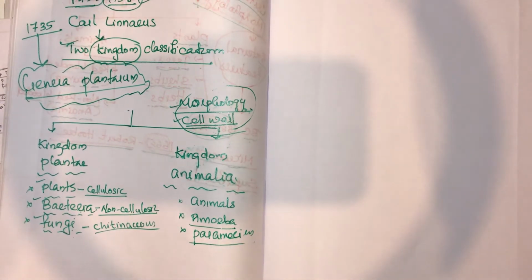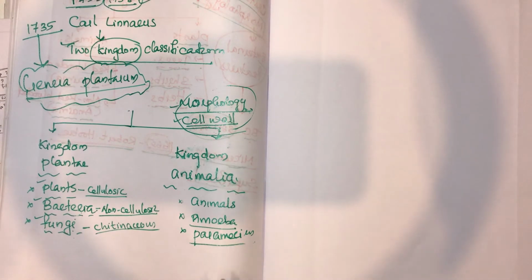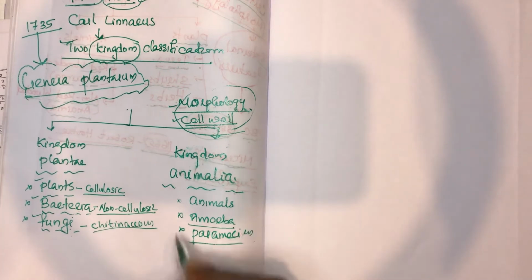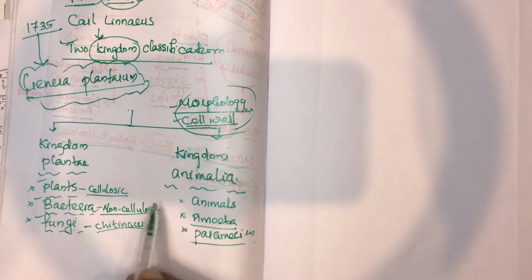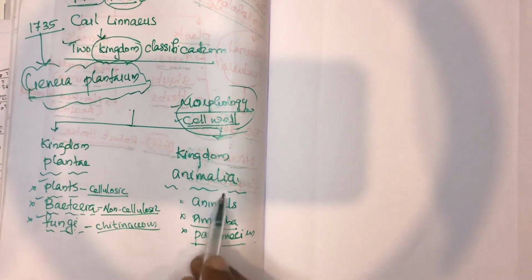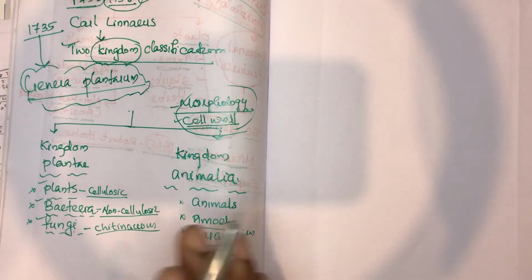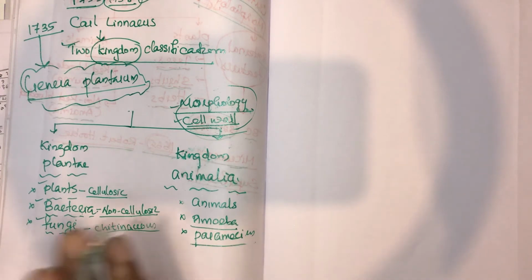Amoeba, paramecium, etc. are under protozoans. They all lack a cell wall. Their cell membrane is there, but cell wall is absent. So cell wall possessing and cell wall absent organisms are there in two kingdoms.